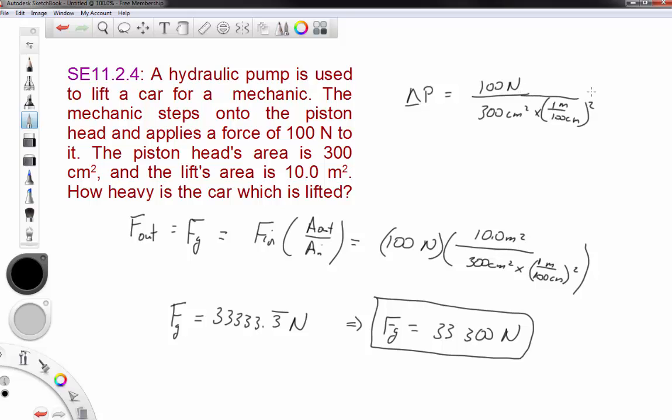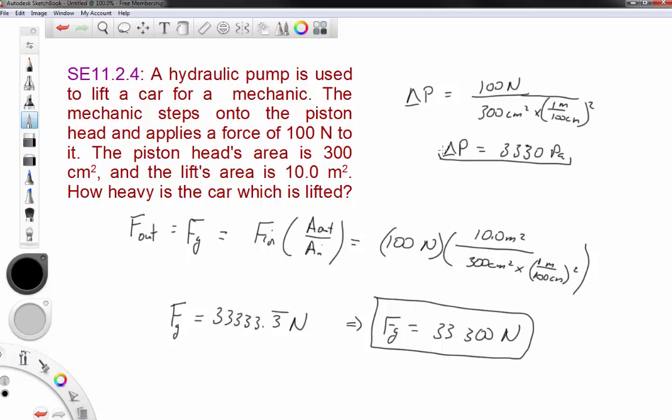And so this right here would basically be ultimately about 3,333 newtons per meter squared. So delta P, call it 3,330 pascals, is actually a very minor amount of increase in pressure, all things considered.